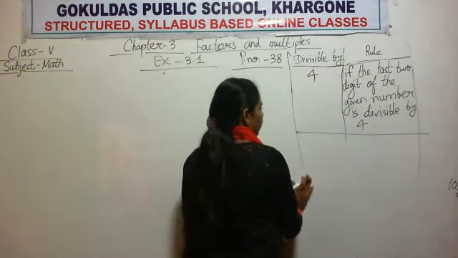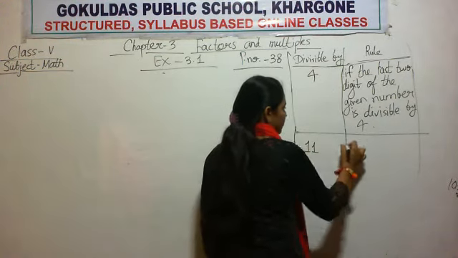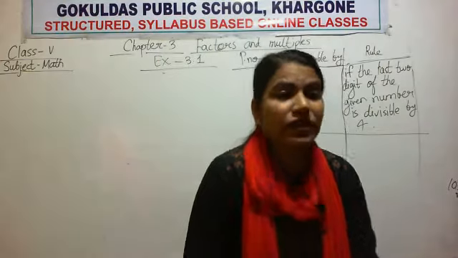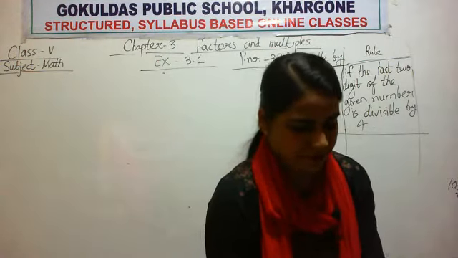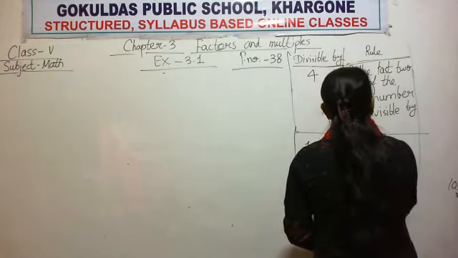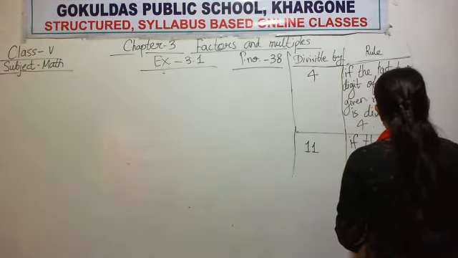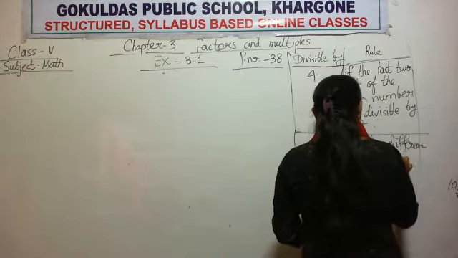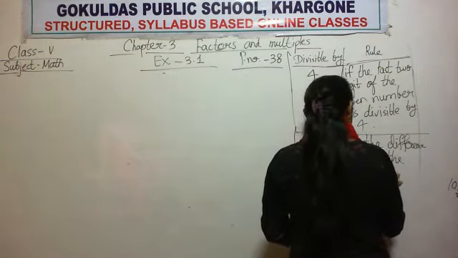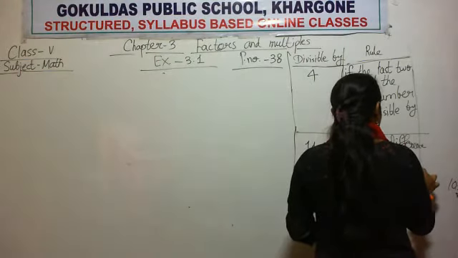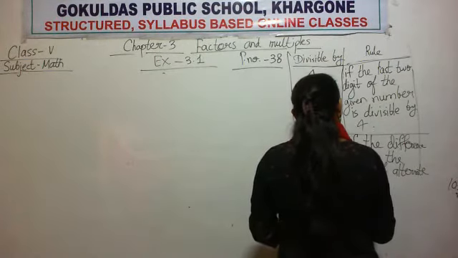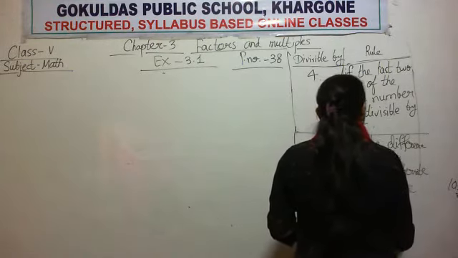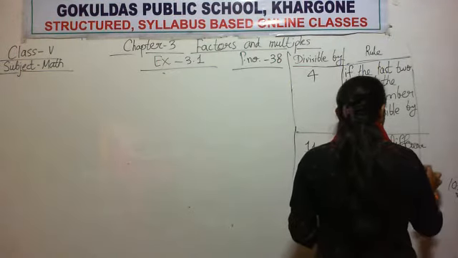And the divisibility rule for 11 is, you can say that your given number is divisible by 11 if the difference between the sums of alternate digits of the number is 0 or 11.